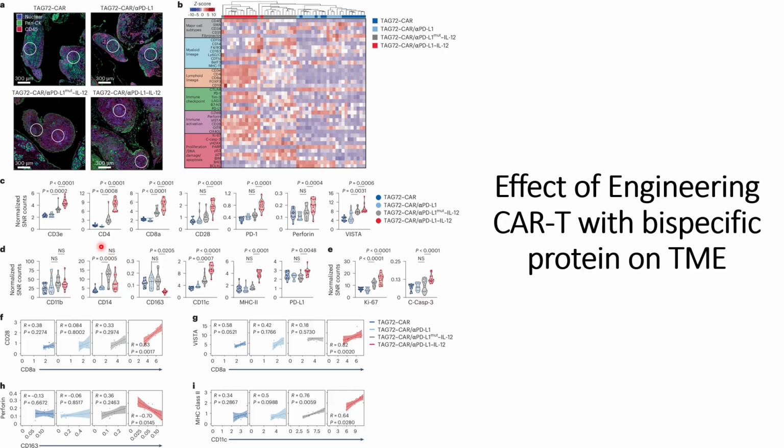For CD11b, there are no significant changes, and for CD14 they also do not see any significant changes. But CD163, which is a marker for M2 type macrophages that promote tumor growth, is significantly lower. In terms of the dendritic cells, the marker is CD11c. It is statistically significantly higher, and its counterpart, MHC-II, is also higher, because dendritic cells work in coordination with MHC-II.